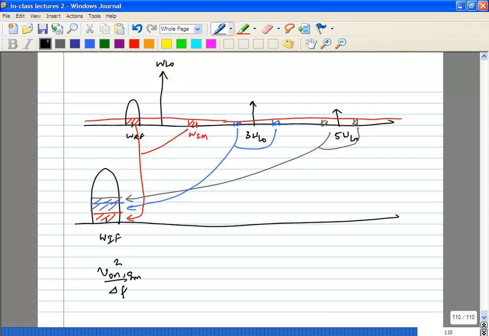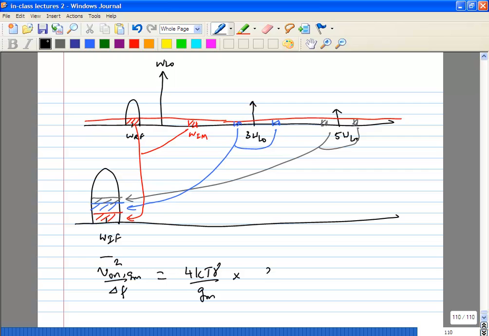So let's call this GM over delta F. This is your input noise per spectral density of current. And this is going to get multiplied by the noise transfer functions of each one of these components.